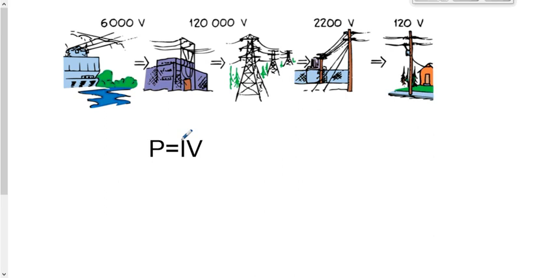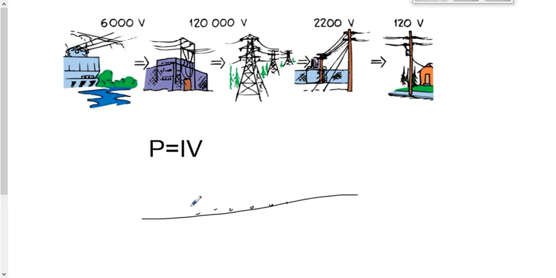I want you to picture this: the current refers to how many electrons are moving through the wire at any given point in time. So the higher the current, the more electrons are trying to push their way through the wire. Voltage is essentially how much energy each electron has. So imagine a wire with lots of little electrons in it.